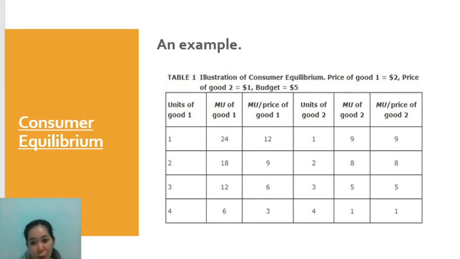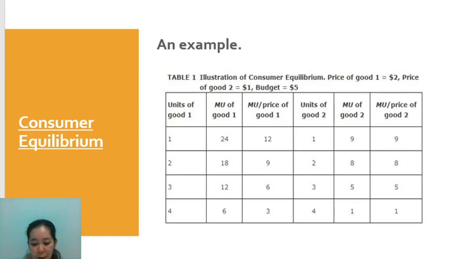Here the consumer equilibrium is found by comparing the marginal utility per dollar spent, or the ratio of the marginal utility to the price of the goods, for good number 1 and 2, subject to the constraint that the consumer does not exceed her budget of $5.